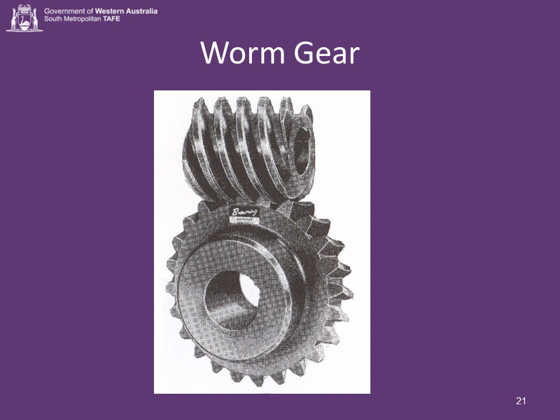The worm gear cannot drive the worm. Like helical gears, worms and worm gears have hand. The hand is determined by the direction of the angle of the teeth. Thus, in order for the worm and worm gear to mesh correctly, they must be the same hand. That means right-handed or left-handed.